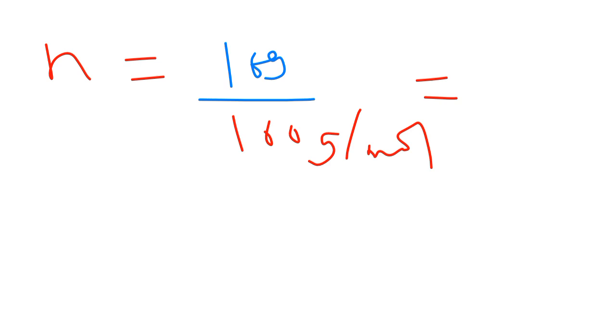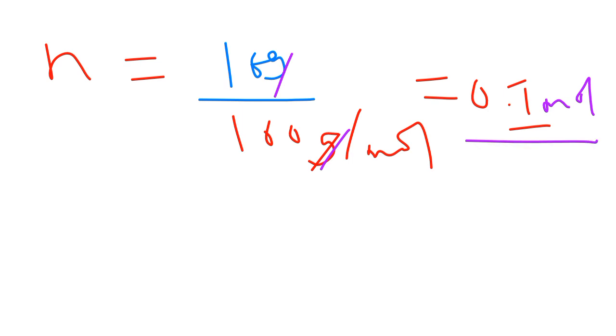On the calculator, 10 divided by 100 gives 0.1. This gram cancels with this gram, so at the end what remains is moles, the SI unit.